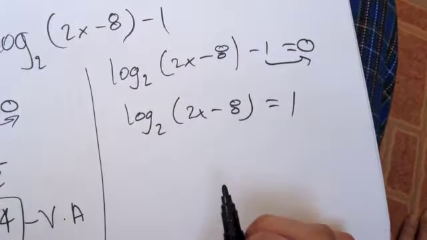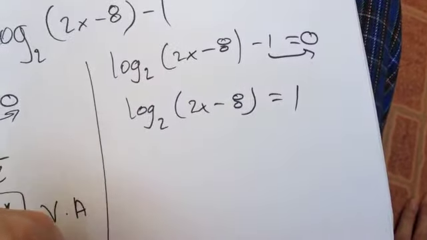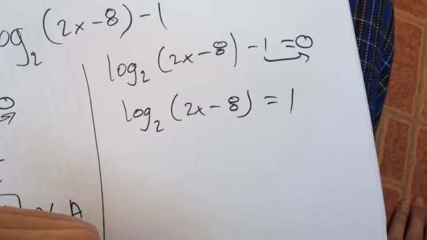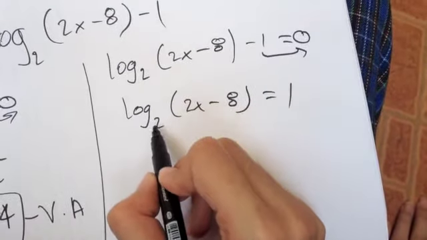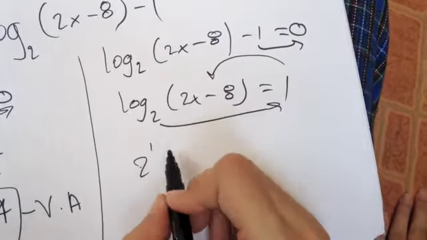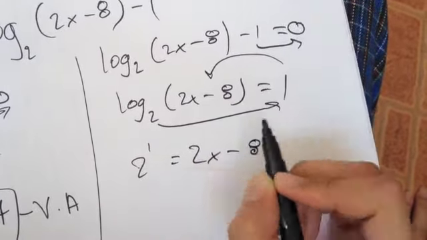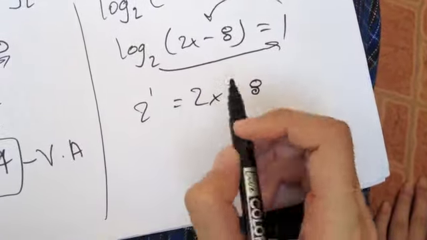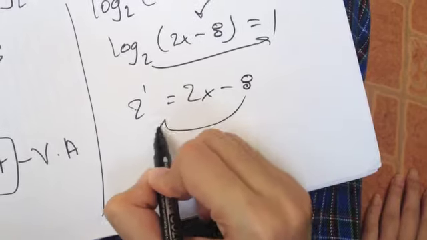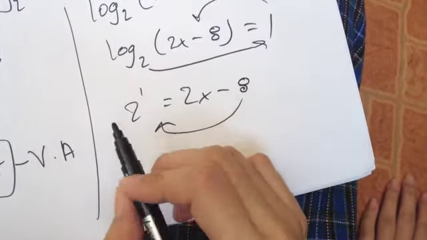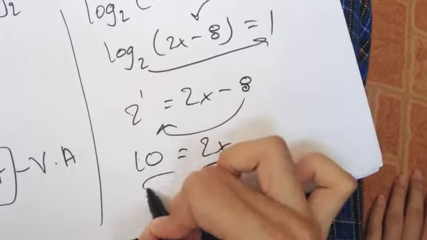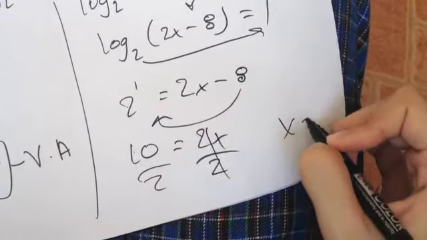And then after that you do a circle. This to the power of this is equal to this. 2 to the power of 1 is equal to 2x minus 8. There, so you can find the x. So 2 to the power of 1 is 2. So you move 8 there. It'll be plus 8. It'll be 10 is equal to 2x. So you divide by 2, divide by 2. X is equal to 5.